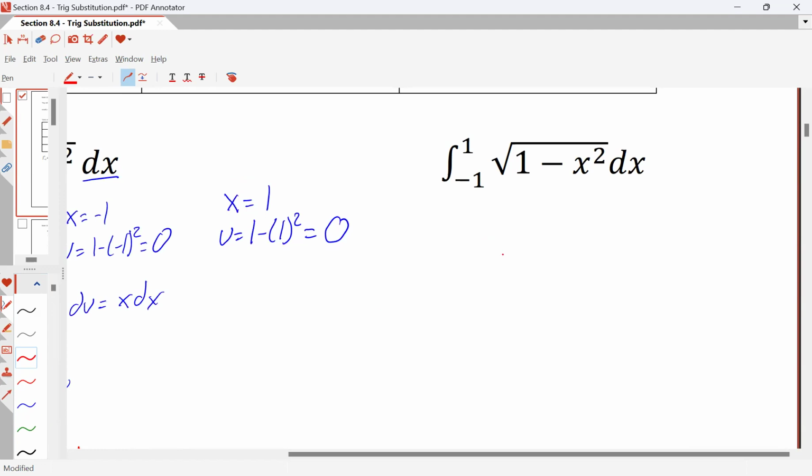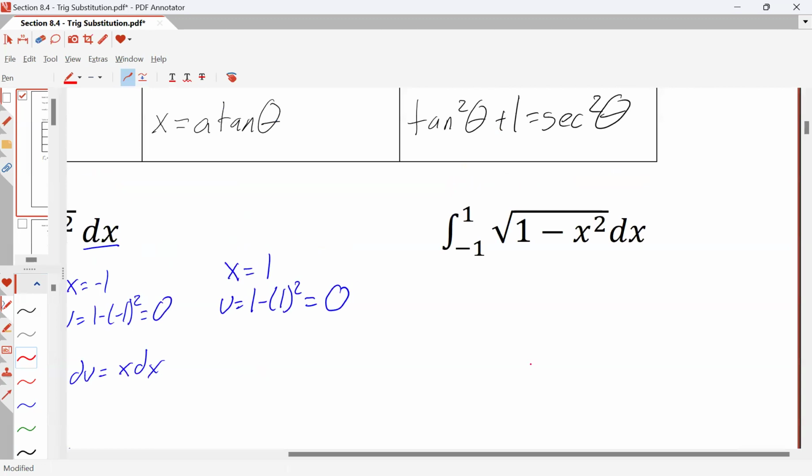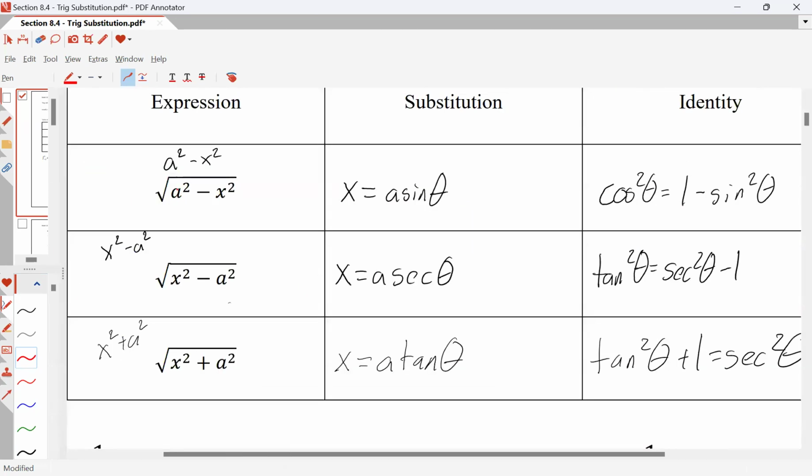But if I use the trig sub table, I have this form here. I have the a squared, which is 1, minus x squared. So a, the square root of 1, is 1.